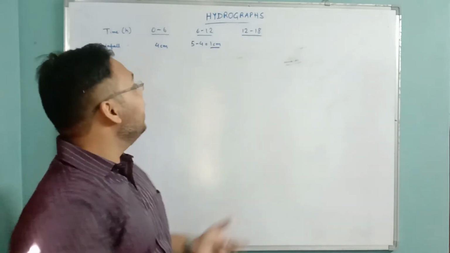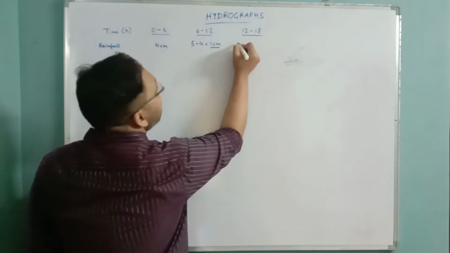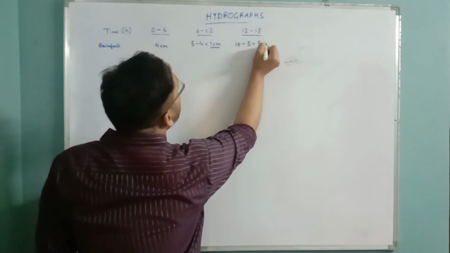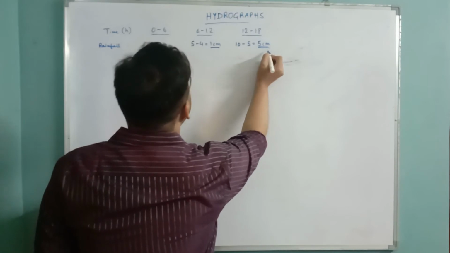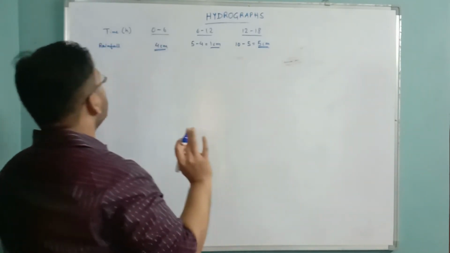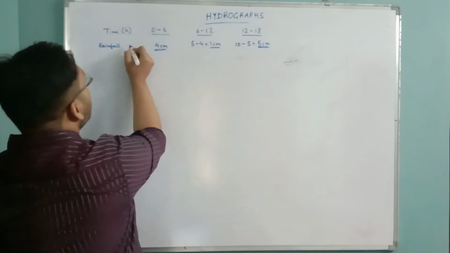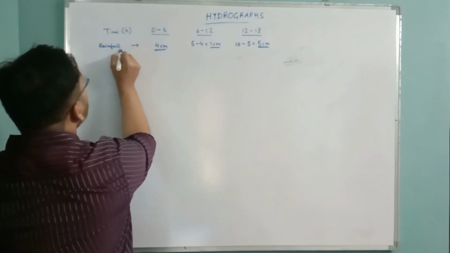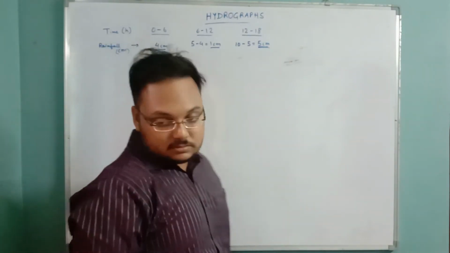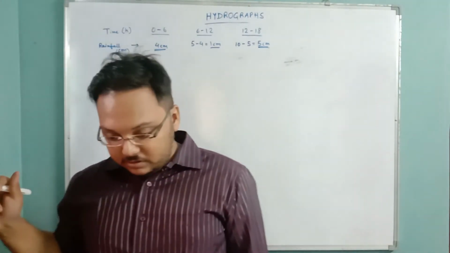So this will be 10 minus 5, that is equal to 5 centimeter. So we have 4 centimeter, 1 centimeter and 5 centimeter as the rainfalls in these durations, all in centimeters. This is also given to us.